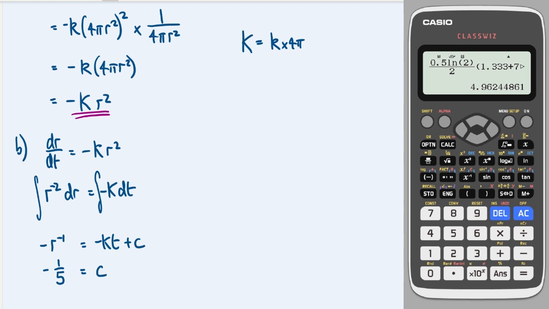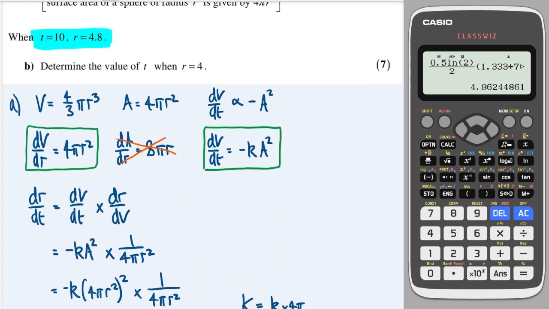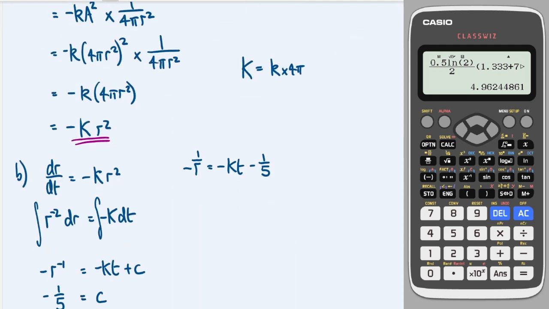Then I'll rewrite that as -1 over r = -kt - 1 over 5, and I'll use my other condition, which is t = 10, r = 4.8. So I'll put in 4.8, -k times 10, minus 1/5. Rearranging, I get 1/5 - 1 over 4.8 = -k times 10.